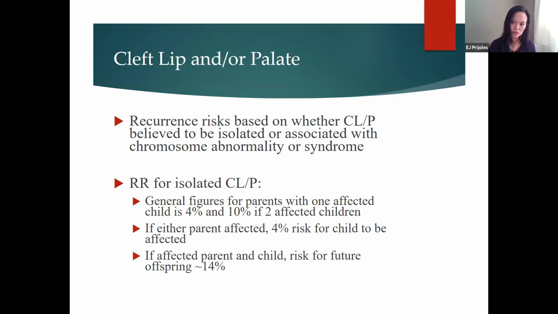If there are 2 children involved, that empiric risk is raised to 10%. And if an affected parent and a child are identified with some variation of cleft lip and palate, and again a syndrome or specific cause is not recognized, that empiric risk is 14%.